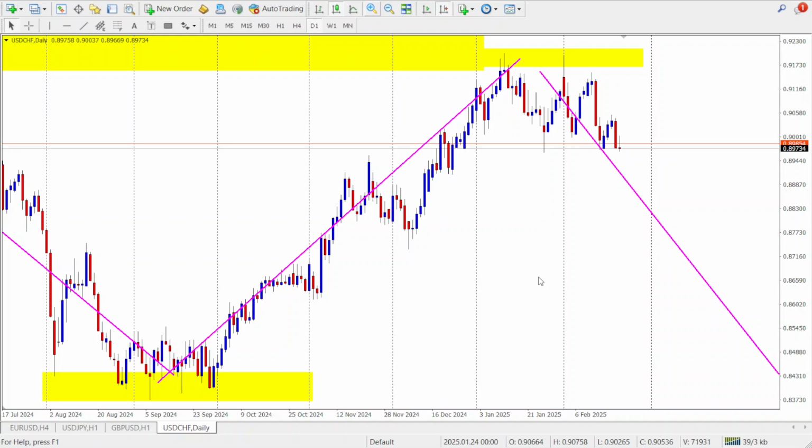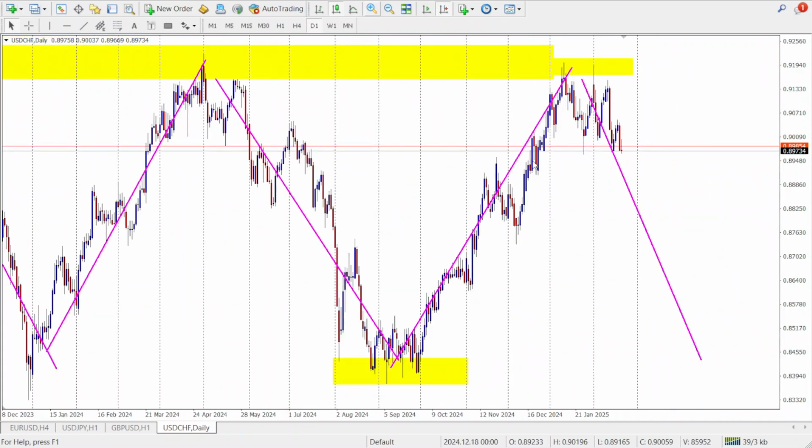So if you are able to spot these flip zones early, you can get in before the big moves happen, giving you a strong edge in the market. Trading with the trend is always important, but trading at these key levels, where the price is most likely to reverse, can significantly increase your win rate and improve your overall consistency.